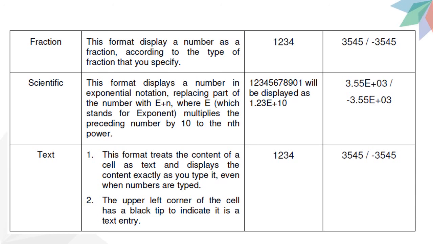The upper left corner of the cell has a black tip to indicate it is a text entry. Look carefully at the example. Though it is a number, it is treated as text.